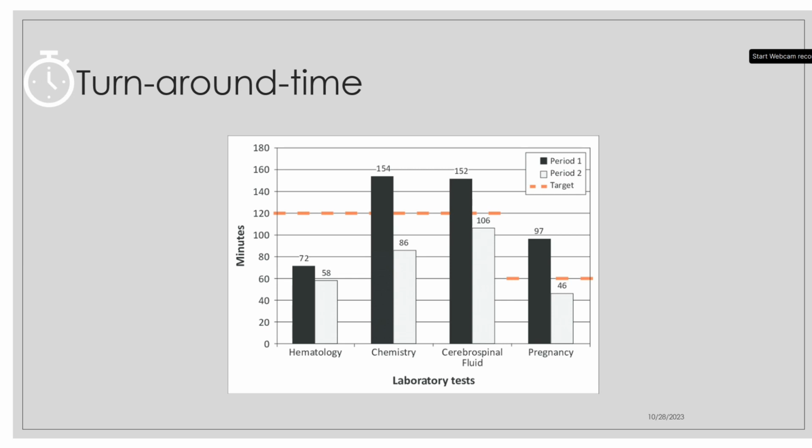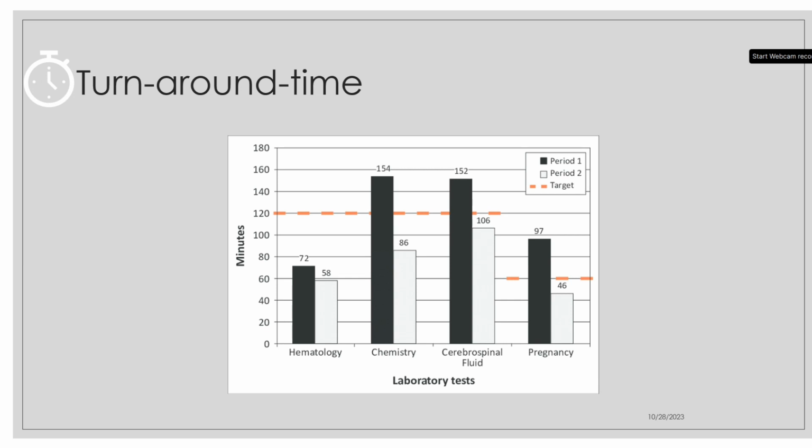And so if you look at the chemistry lab, clients were waiting for about close to 2 hours, similar at the microbiology lab for people investigating on cerebrospinal fluid, and for antenatal cases they were waiting about 97 minutes.